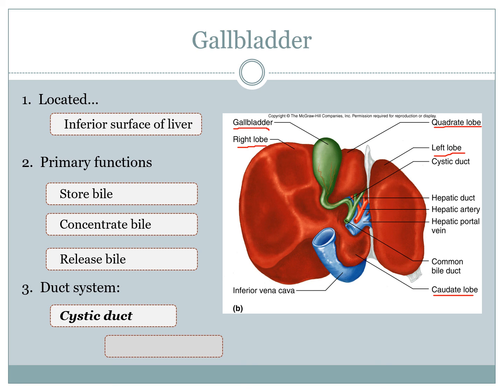There's a duct system. Okay, this is the cystic duct right here. That's what the duct coming from the gallbladder is called. There are also some ducts that contain bile that come from the liver itself. They're called hepatic ducts. There's a couple of them, and they coalesce into one hepatic duct.